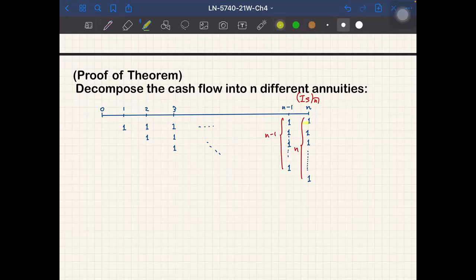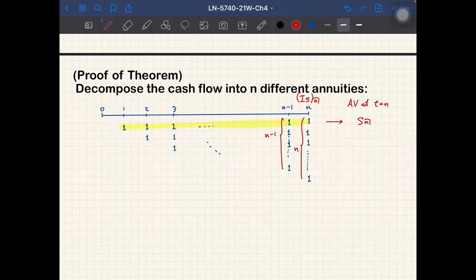what's the present value of these payments? So this is simply the $1 payments n times. So the accumulated value at t equal to n is equal to s angle n.